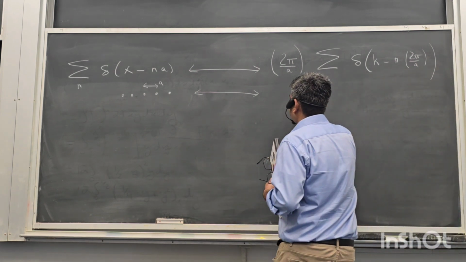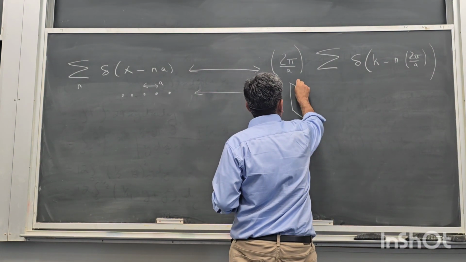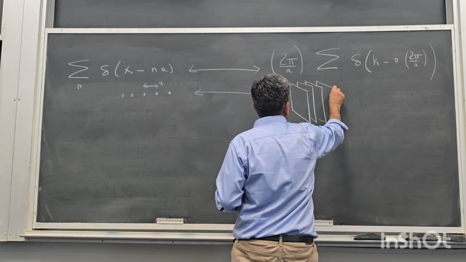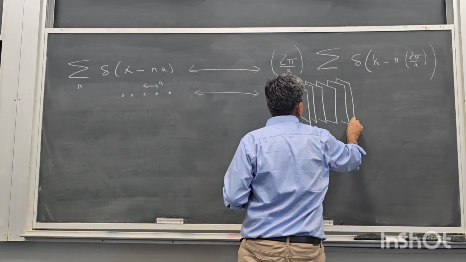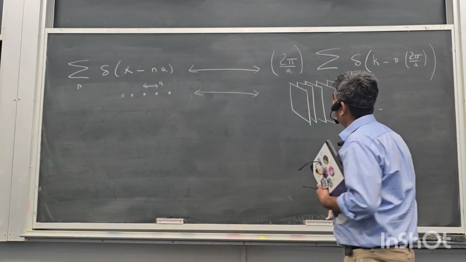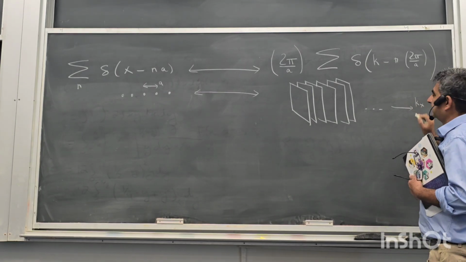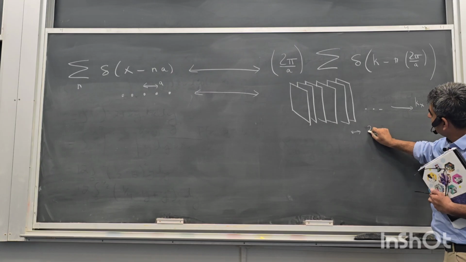So this is a sequence of planes like this. Right? This is, you can say, the kx axis, and this spacing is 2 pi over A.